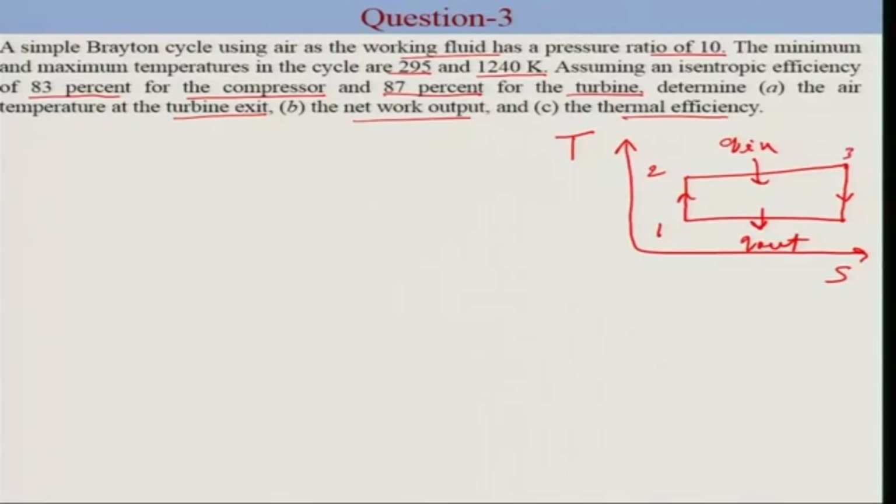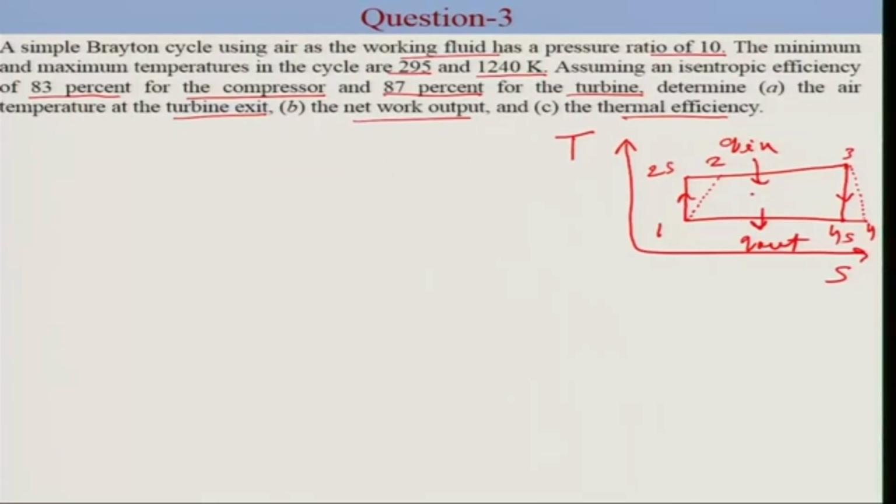So 1, 2, 3, and this process will be 4s. Since this is an ideal process, it is 1 to 2s, but the actual process will follow the path 1 to 2, and same in the turbine, it will follow the path 3 to 4 because of irreversibility of the system.